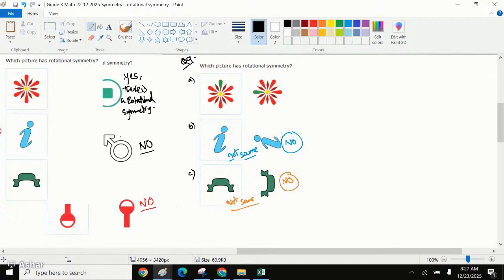So option A, yes, it has a rotational symmetry. That means even after rotating, the shape looks exactly the same.